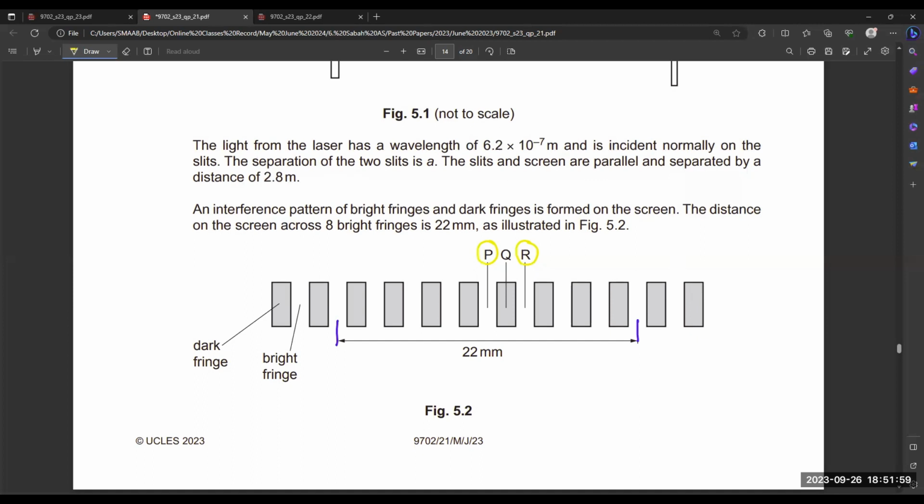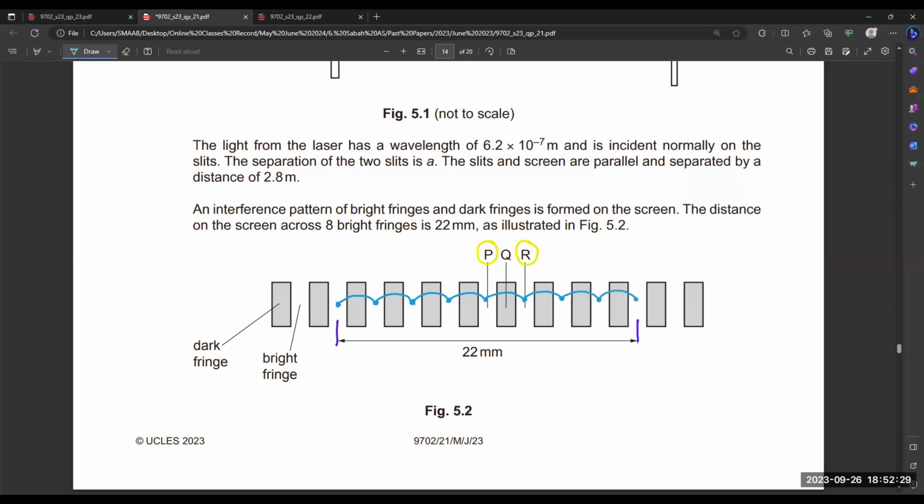So for that, you have to count the number of the bright fringes and the number of the dark fringes between these 2 points, right? So let's suppose if we make the waves, if we start from this point, okay?